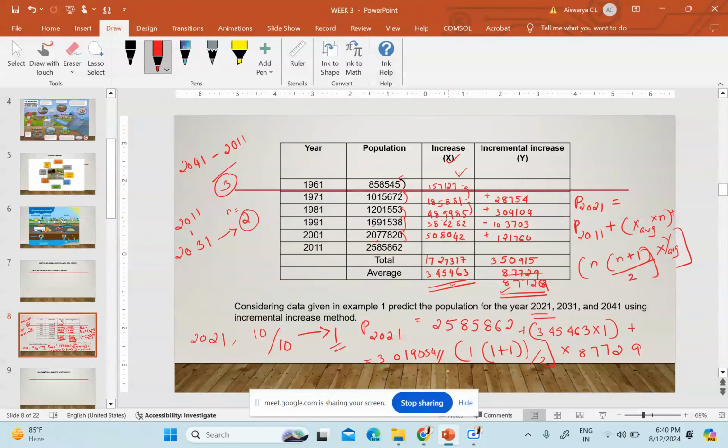Okay, so then you can calculate P. What is the number of people in 2031?